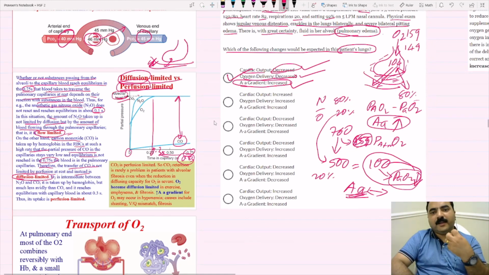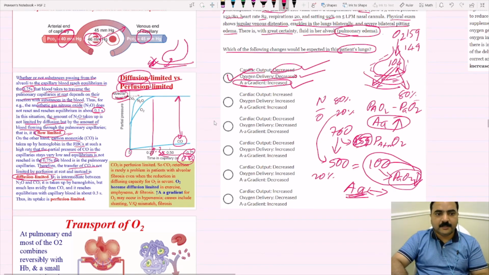The oxygen will become diffusion limited in that scenario. For example, if your blood flow is less, that is perfusion limited. If you have emphysema or fibrosis, etc., it becomes difficult for the oxygen to diffuse through the membranes, so it becomes diffusion limited in that scenario.